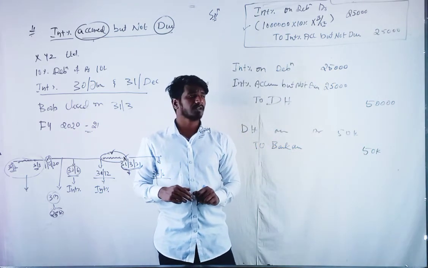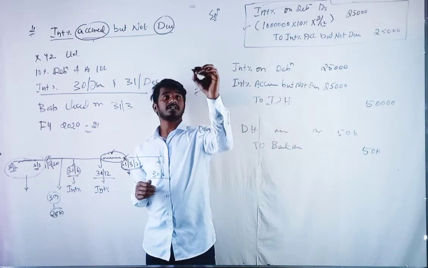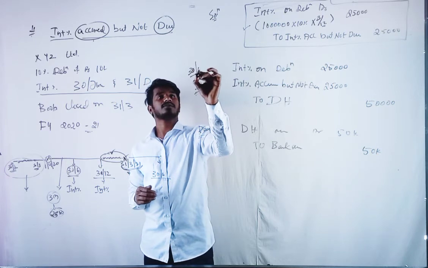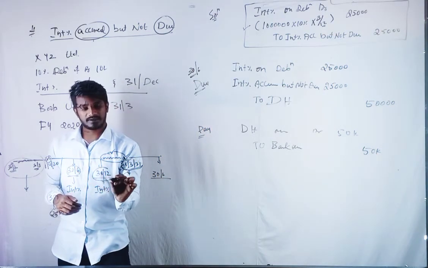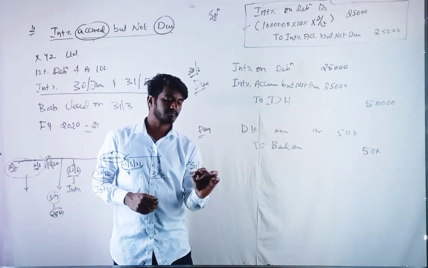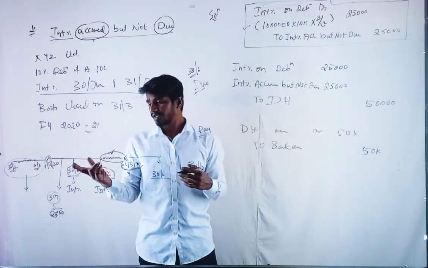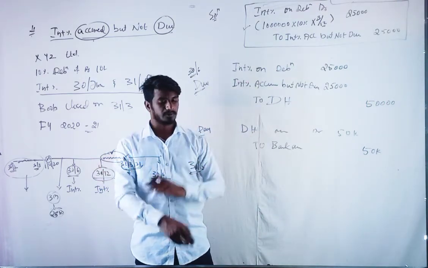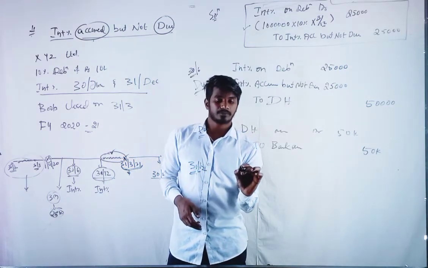Next, on which date are we making it? 30th June and 31st December. On 31st December, what will be the entry? Straight away we are paying this. No drama, we are straight away paying that. We should make it due.